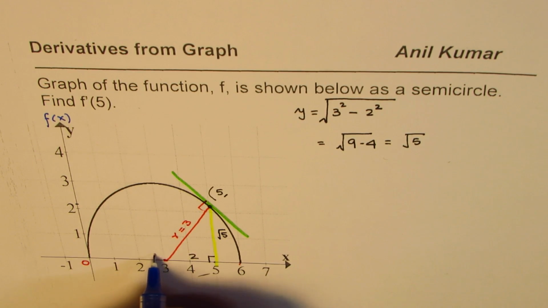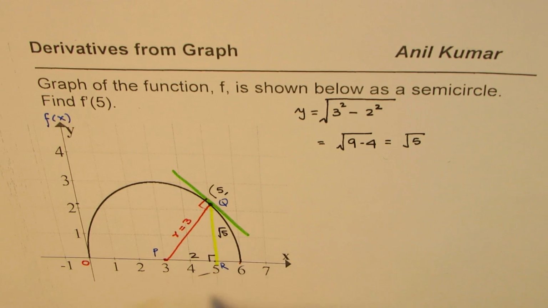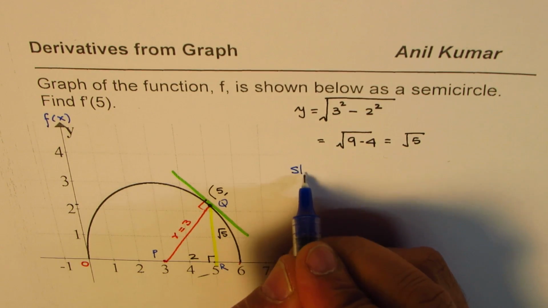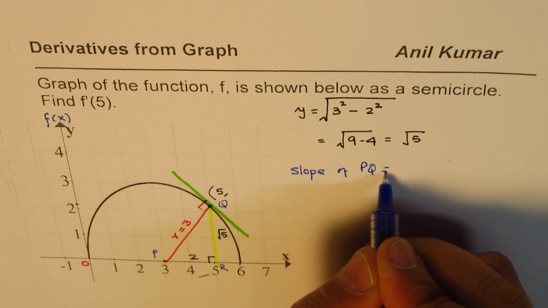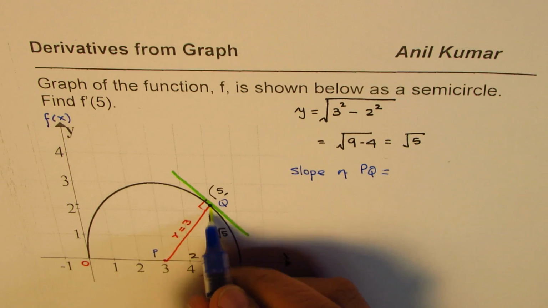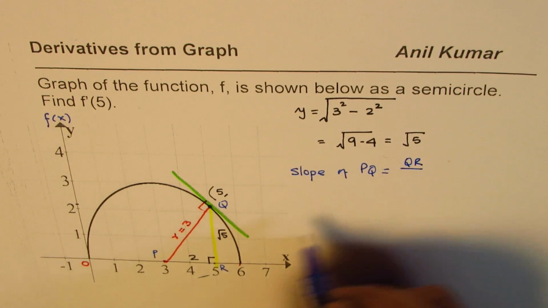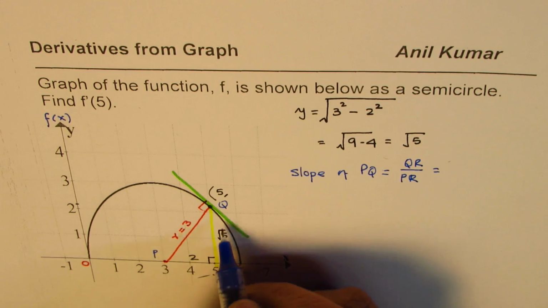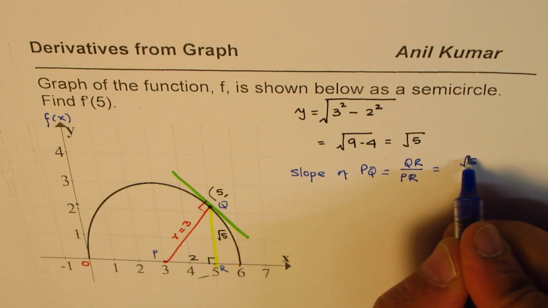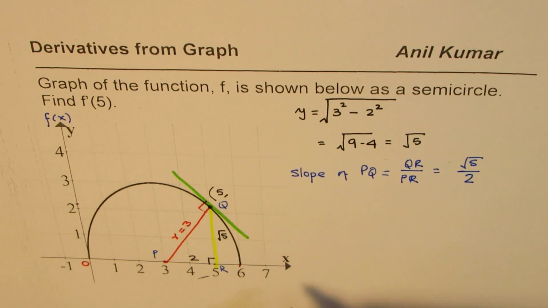Let's say this point is P and this is Q and this point here is R. Then the slope of PQ will be rise over run, that is QR over PR, and that is equal to square root of 5 over 2. So that is the slope of PQ.